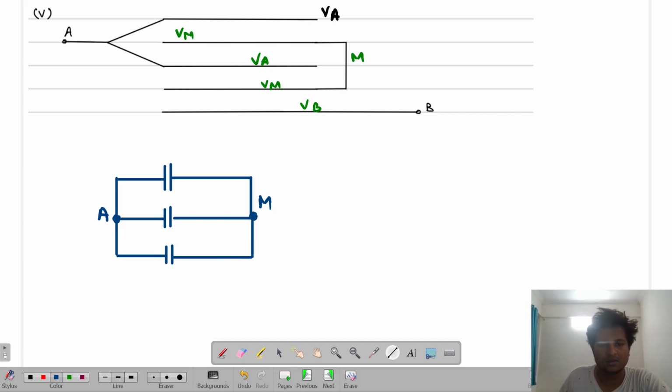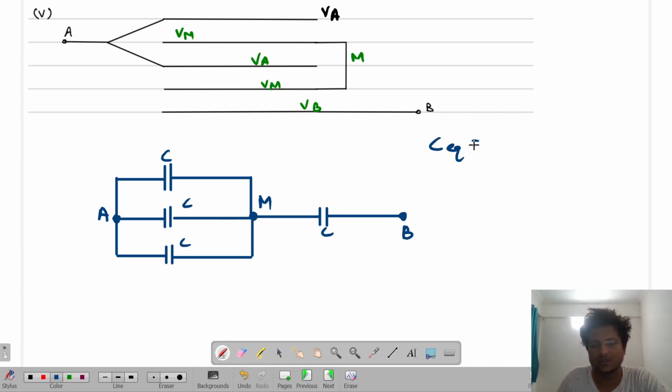But then M is not useless. It's got connected with B at the end or not. From top to down. So it got connected with B ultimately. And that's what we have to find. C, C, C, C. So this is 3C and this is C. So C equivalent is how much? 3C into C divided by 3C plus C, isn't it? So basically 3C by 4.